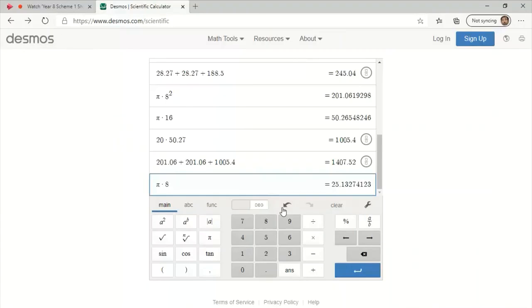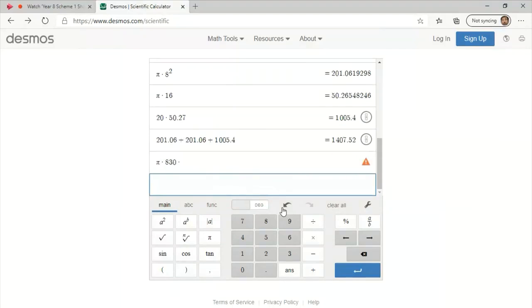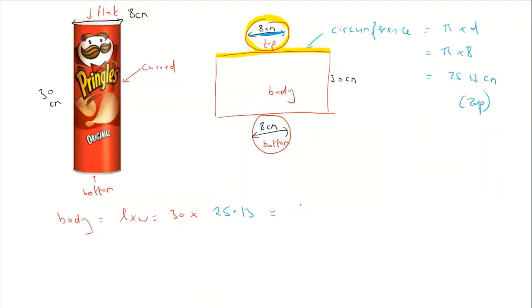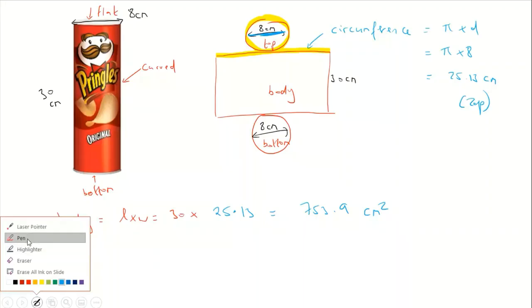So back to my calculator. 30 times 25.13 gives me 753.9. Bang on. Yeah, remember, it's an area. So cm squared. And that is the curved surface area.